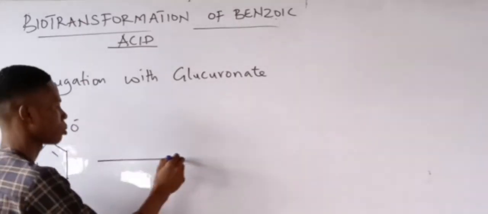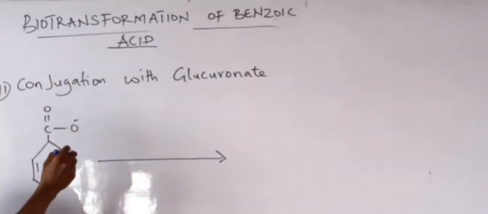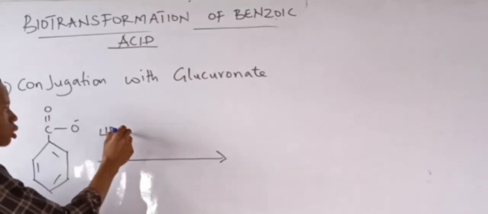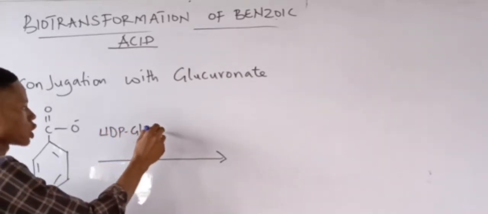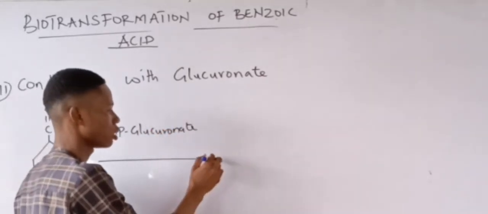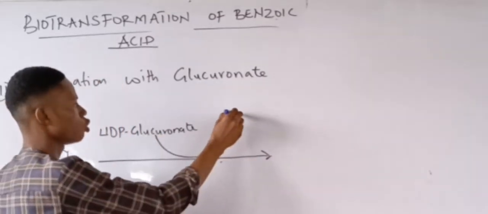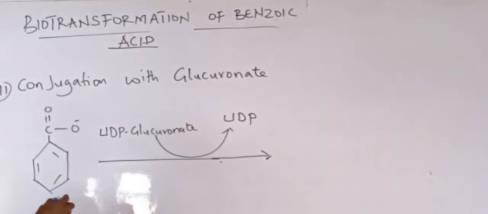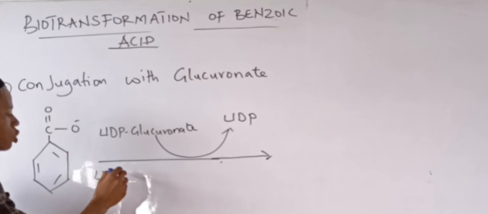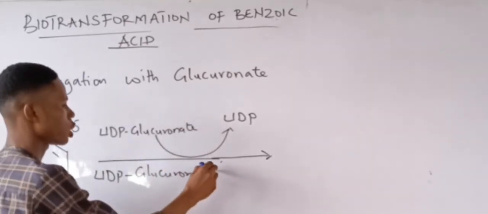Now, if benzoate is undergoing glucuronidation, what will be the donor? UDP-glucuronate, right? And what are we interested in? Only the glucuronate, is it not? So what will be given up? UDP. And what will be the name of the enzyme catalyzing this process? UDP-glucuronosyltransferase.